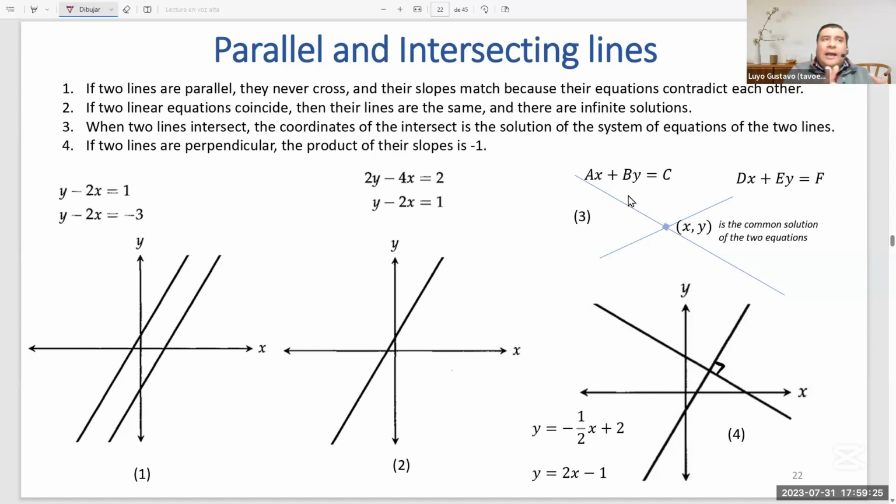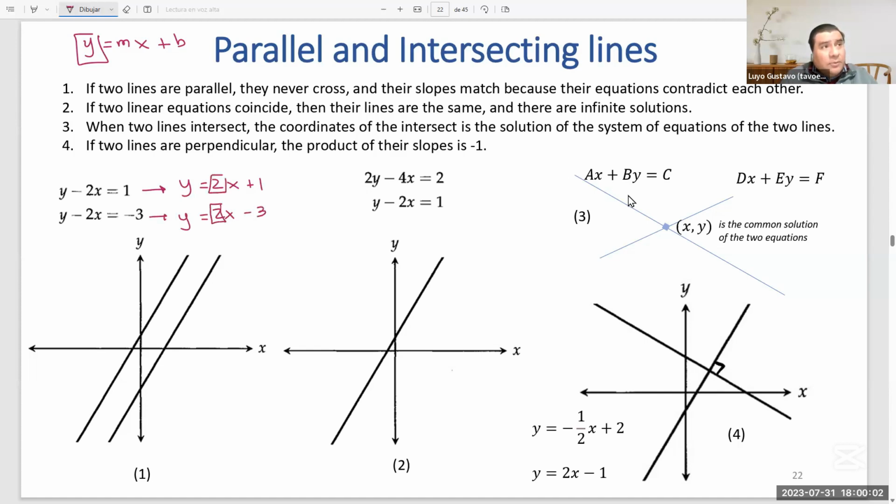Well, talking from the point of view of the equations, 2 equations with variables x and y that have exactly the same slope represent parallel lines. Example: y minus 2x equals 1, y minus 2x equals -3. If you give the form of the equation like this, isolated y on the left, then you would have y equals 2x plus 1, and here y equals 2x minus 3. So take a look.